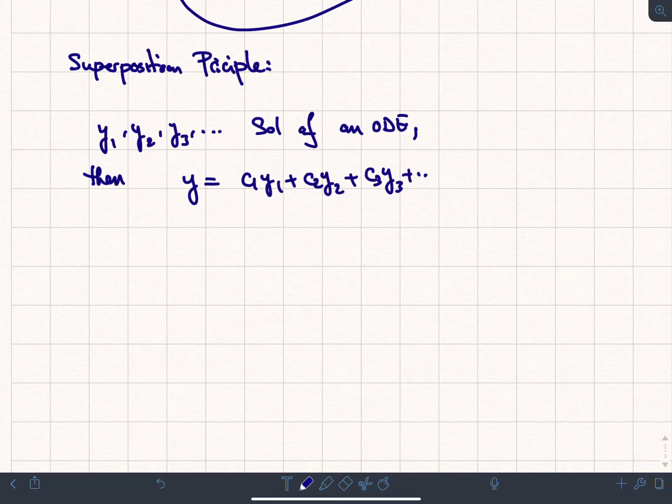And so on. So there is the superposition principle in a nutshell.